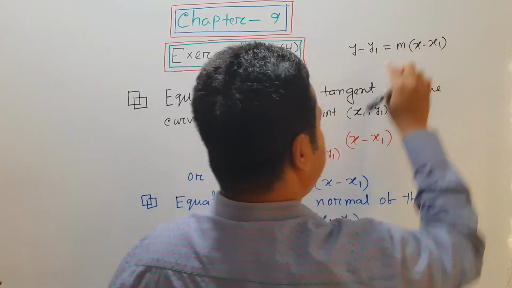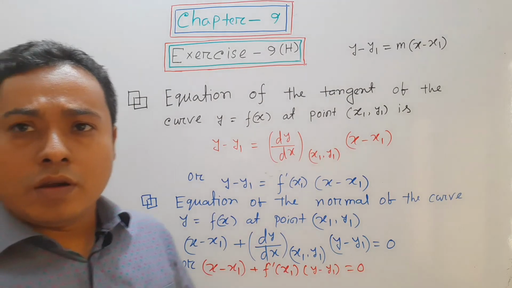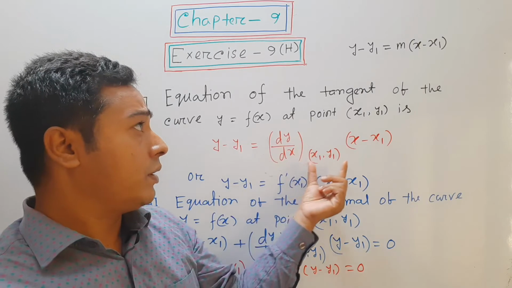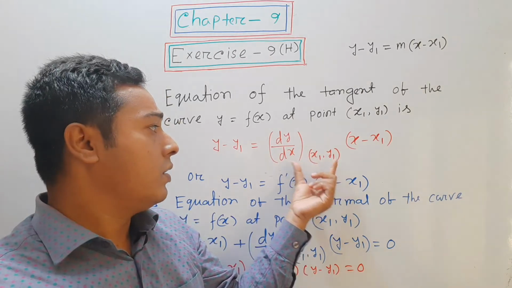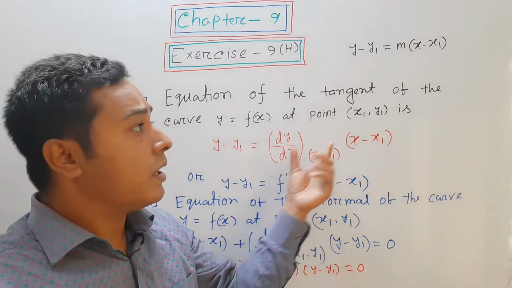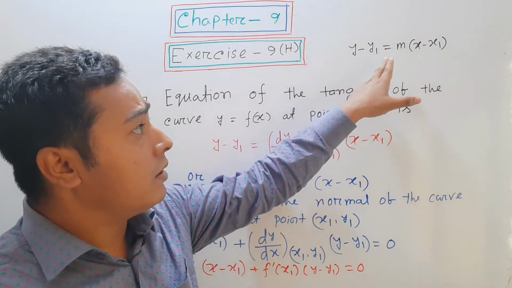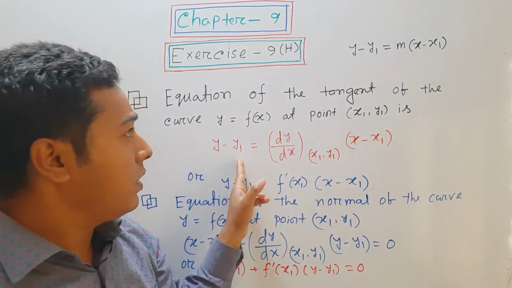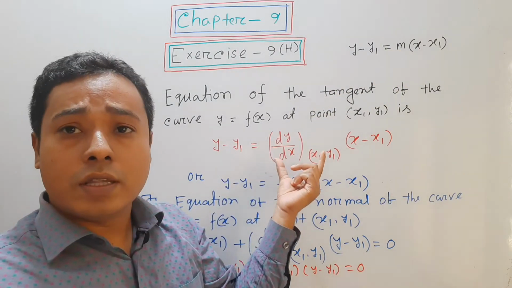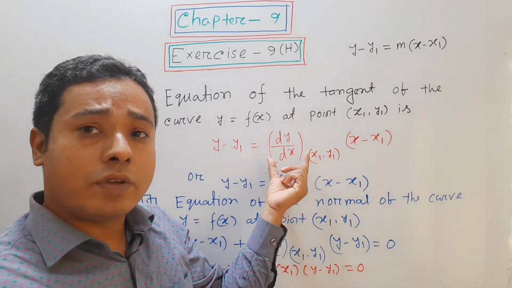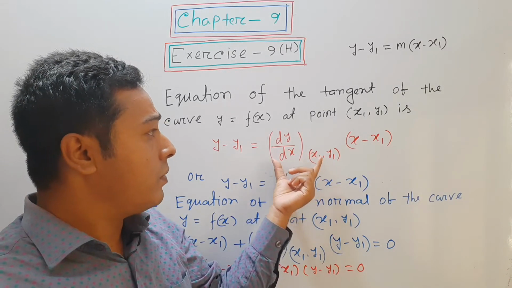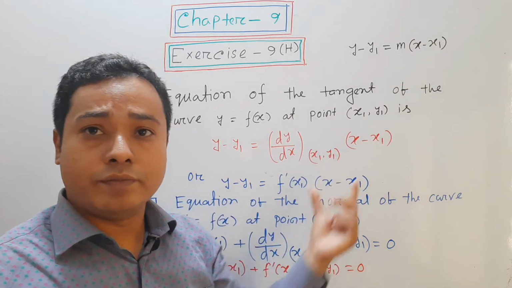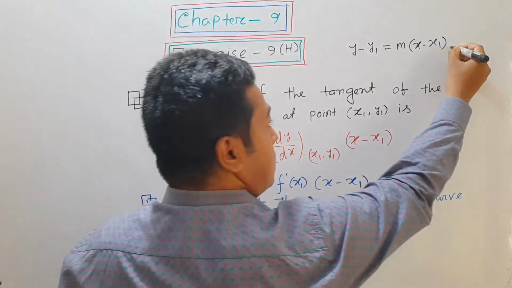For this exercise, we can write m is equal to dy/dx at the point x1 comma y1. So the equation is y minus y1 is equal to m, the slope at the point x1 y1, times x minus x1, according to these rules.